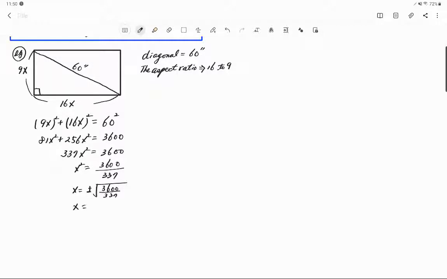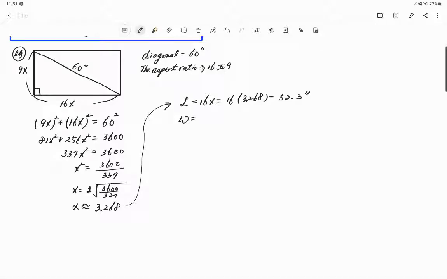That will give you x approximately equal to 3.268 inches. Therefore the length is 16x, so 16 times 3.268 is approximately 52.3 inches.